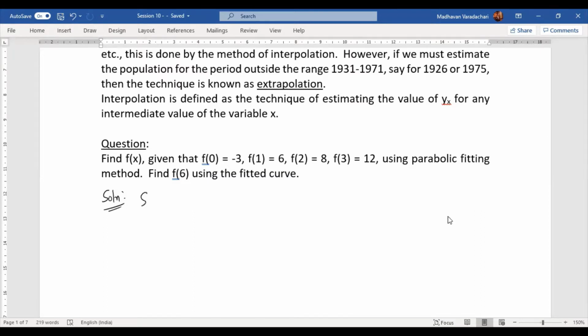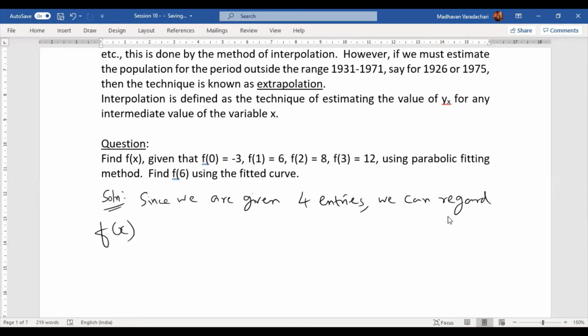So we will say, since we are given 4 entries, we can regard f of x, I mean the function or the polynomial, to be very precise, polynomial function, as a polynomial of third degree.